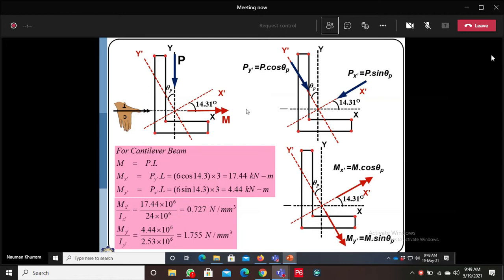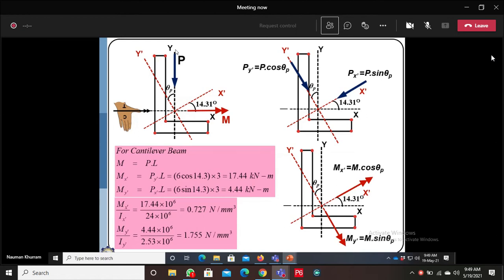Okay, second concept, if you want to discuss directly in terms of moment. If the load is acting in the downward direction, first of all I determine the resultant moment. If the load is acting along the y axis, the resultant moment will be produced about the x axis. Moment is always produced about the axis which is perpendicular to the loading plane or loading axis.